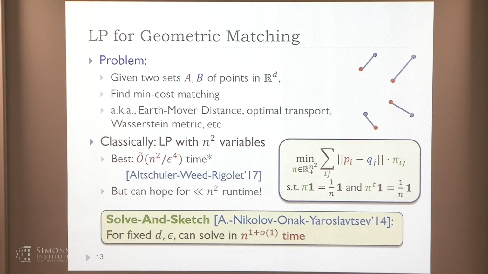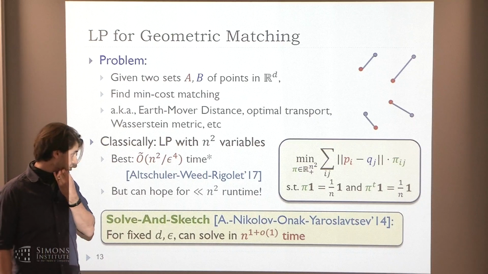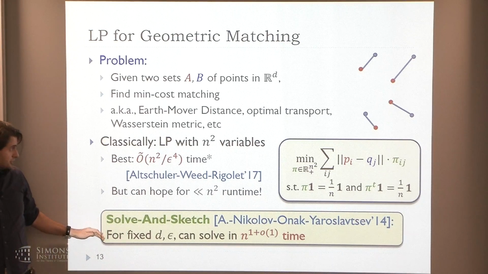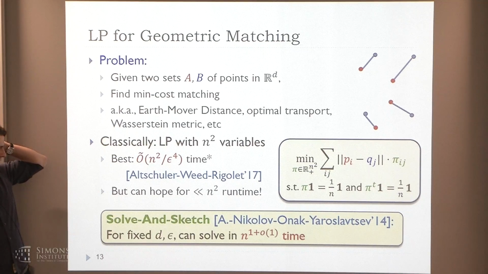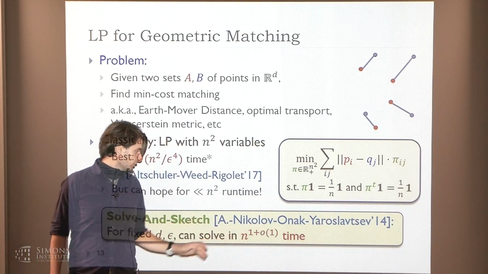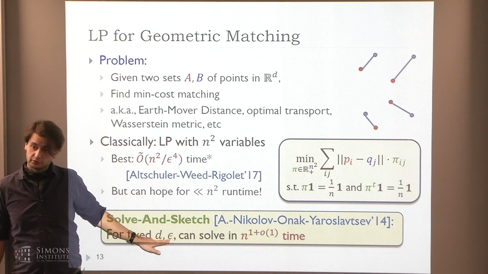This is what I wanted to mention. Basically, a technique that we introduced with Sasha Nikolov, who is in the audience, Krzysztof Onak and Grigory Yaroslavtsev, a few years ago, where we showed that we can solve this problem, and in general the optimal transport problem, in time which is near linear, n to 1 plus o(1), for fixed dimension d and fixed approximation epsilon.